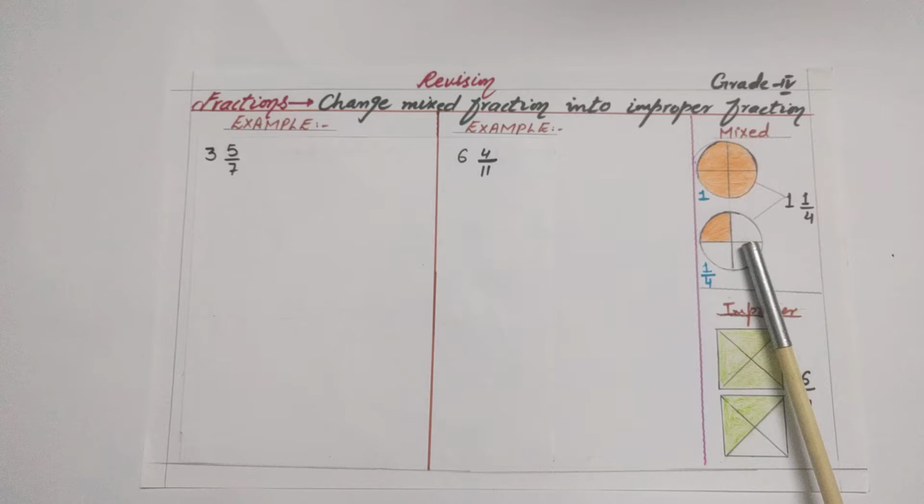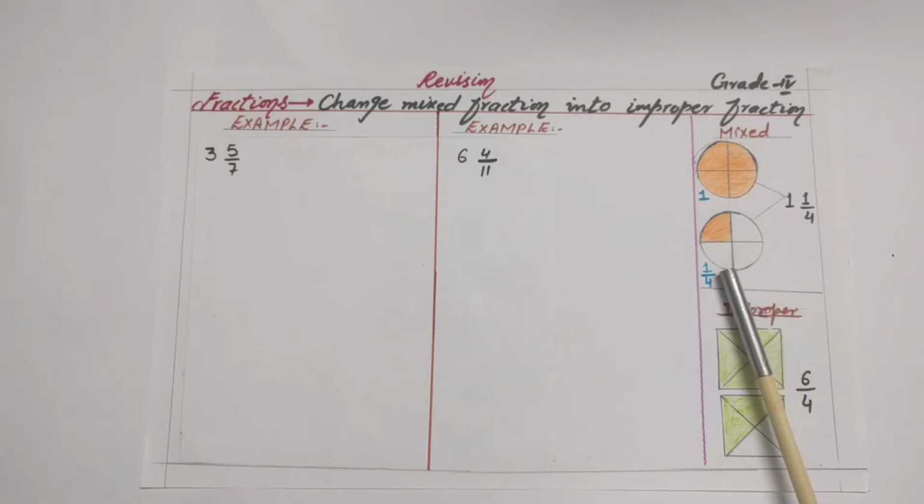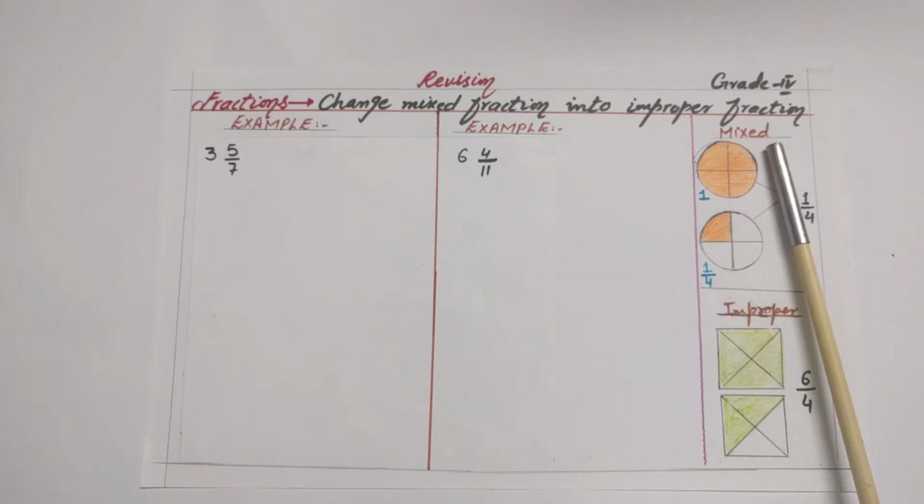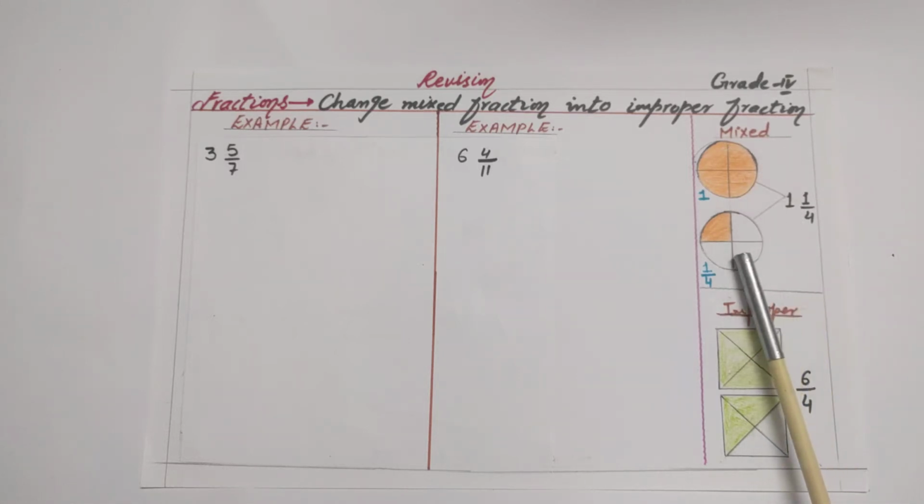The second circle represents the fraction 1 by 4 because the total circle is divided into 4 equal parts and one part is shaded. So 1 out of 4 means 1 by 4. As in this fraction the numerator is less than the denominator, this fraction is called a proper fraction. So a mixed fraction is made up of a whole and a proper fraction.